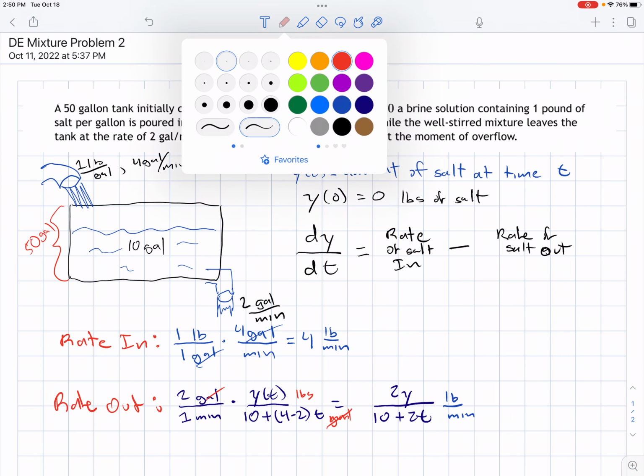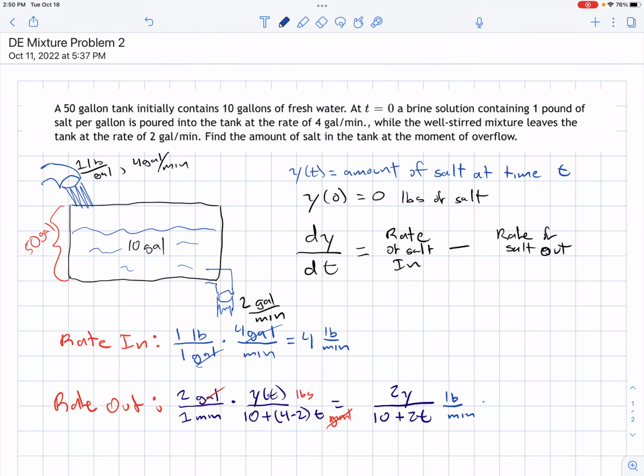This can be simplified a little more. If you factor out the 2, you end up with y over 5 plus t. And now we have our differential equation, with the right units and everything in order.